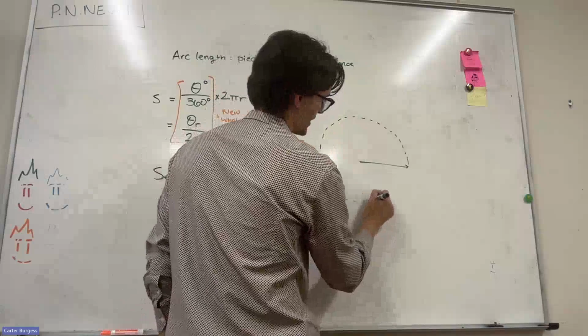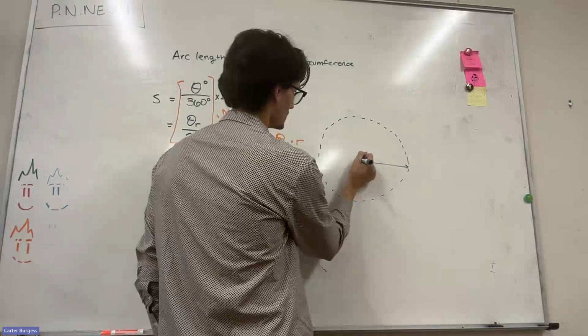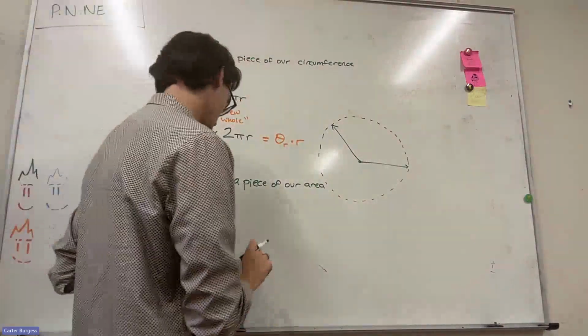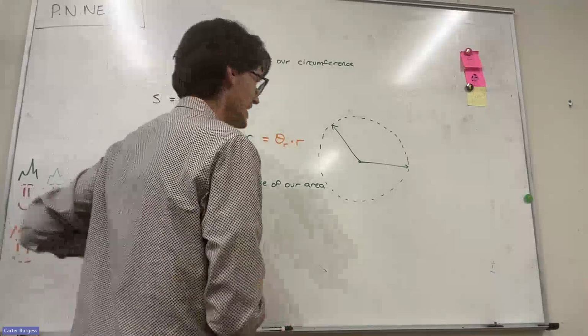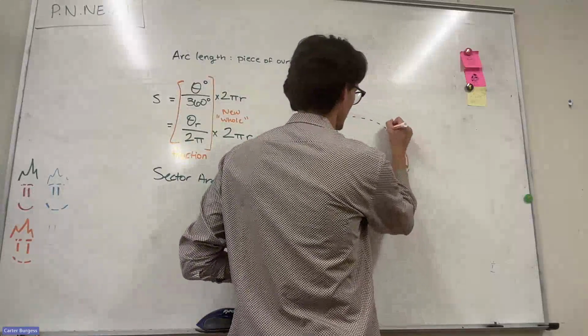Certainly we could rotate and fill out a full circle. Realistically, we're probably going to stop somewhere along the way. The arc length is going to be the length of the arc that we trace out, a piece of this full circumference.